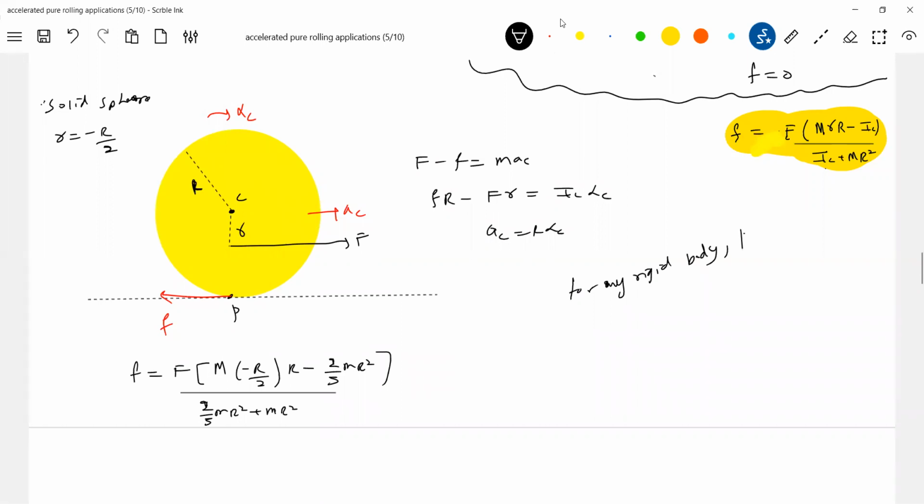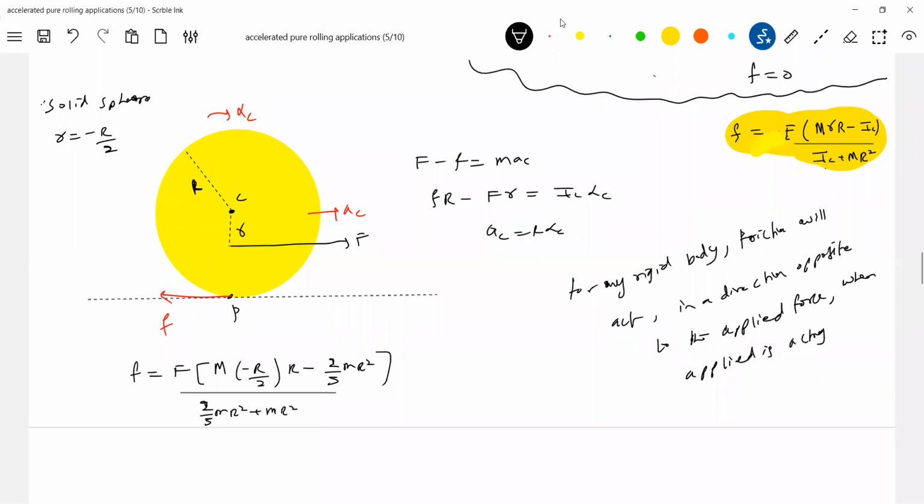For any rigid body, friction will act in a direction opposite to the applied force, when the point of application is below the center of mass.